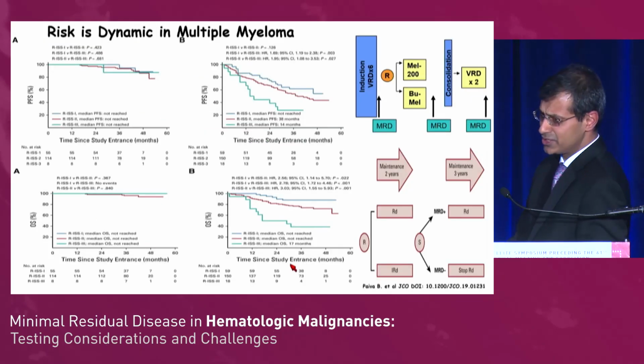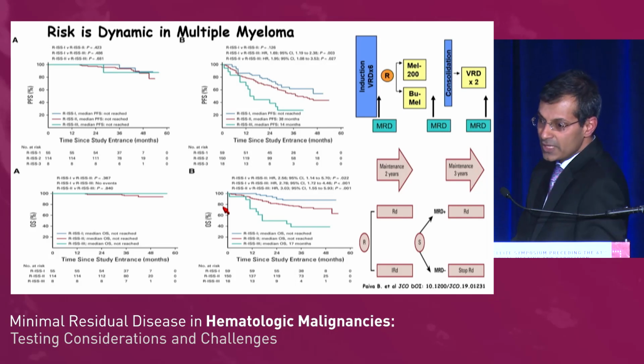And this paper was just published a few days ago in the Journal of Clinical Oncology, where patients with high RISS, revised ISS stage 3, did just as well as patients with lower stage groups if they had achieved an MRD negative state.